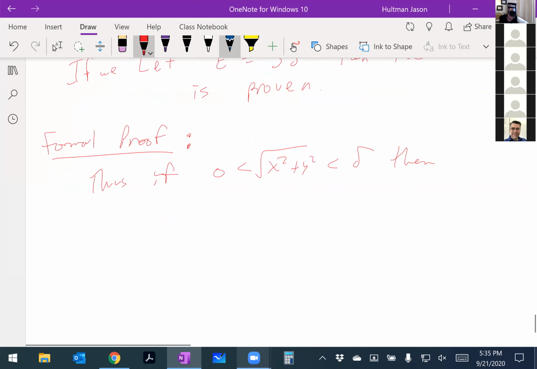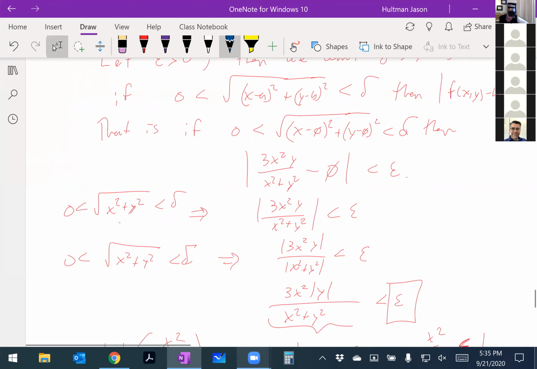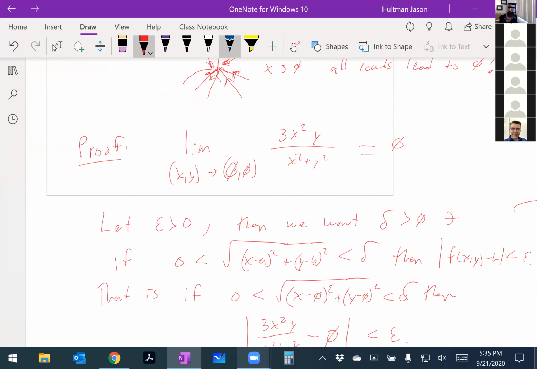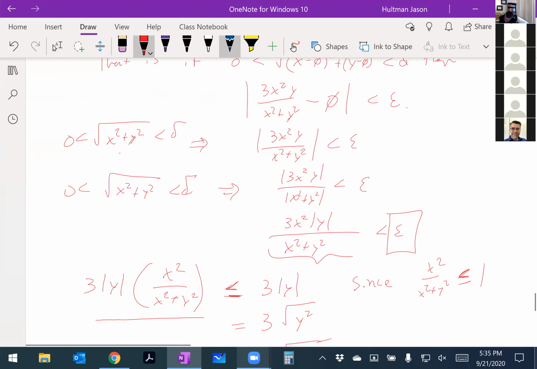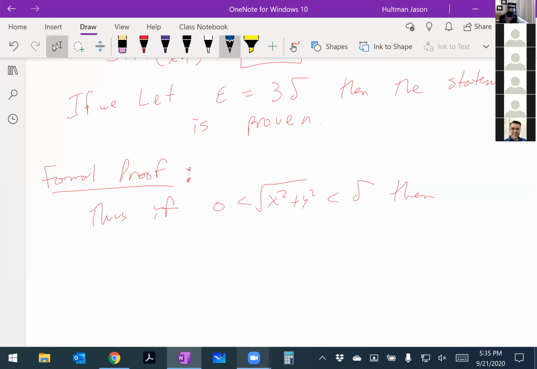then what? Remember, what was the original statement that we wanted? We wanted to say let epsilon be greater than 0. Then we want delta greater than 0 such that if this, then this. So as x, y approaches 0, 0, does the function minus the limit approach my epsilon?